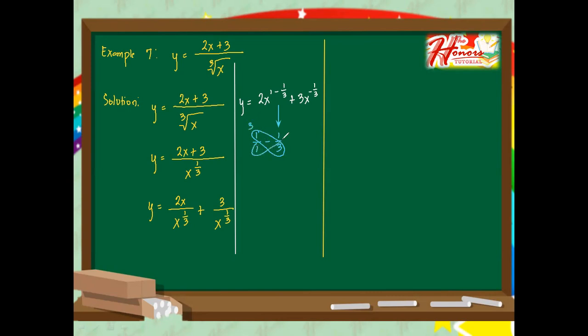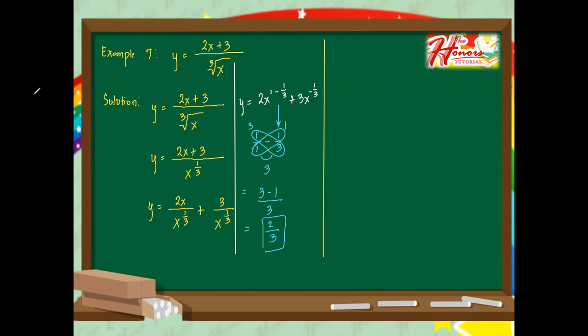And then multiply 1 and 1, so that is 1. Copy the operation, minus 1 over 3. So 3 minus 1 is 2 over 3. Now, we can say that our exponent for 2x is 2 over 3.